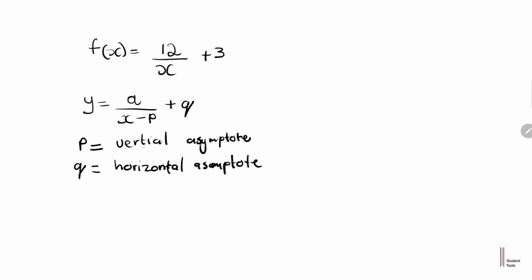So that means here we are getting an x equal to something, and here we are getting a y equal to something. And here we are given f. We could say f is the same as y equal to 12 over x plus 3.